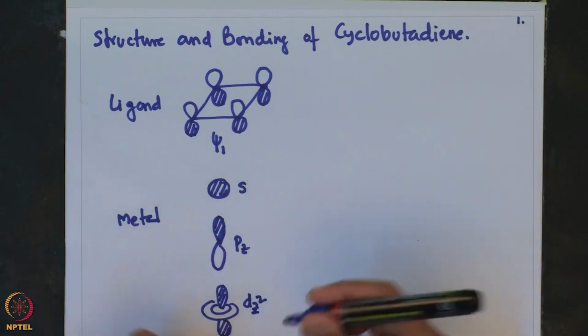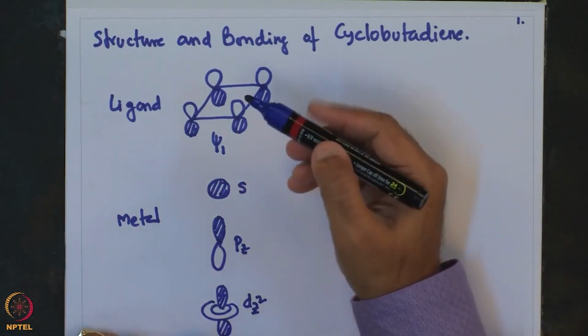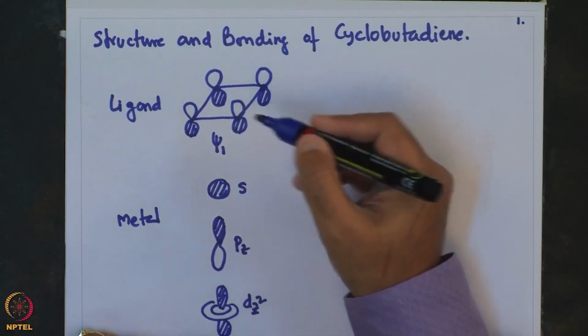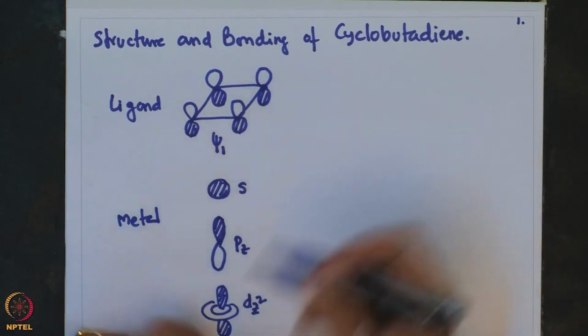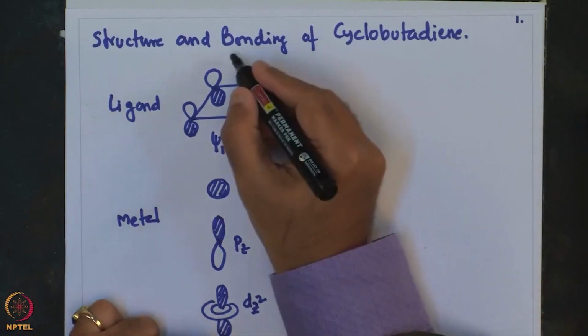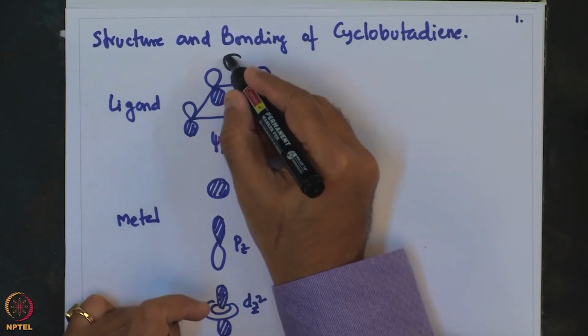So these interactions of psi 1 with the metal orbitals are primarily of sigma type, that is, these are sigma interactions.